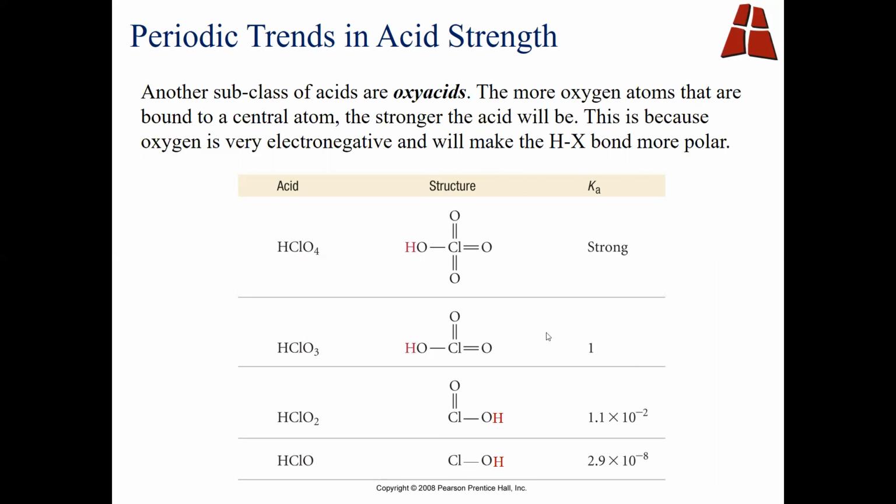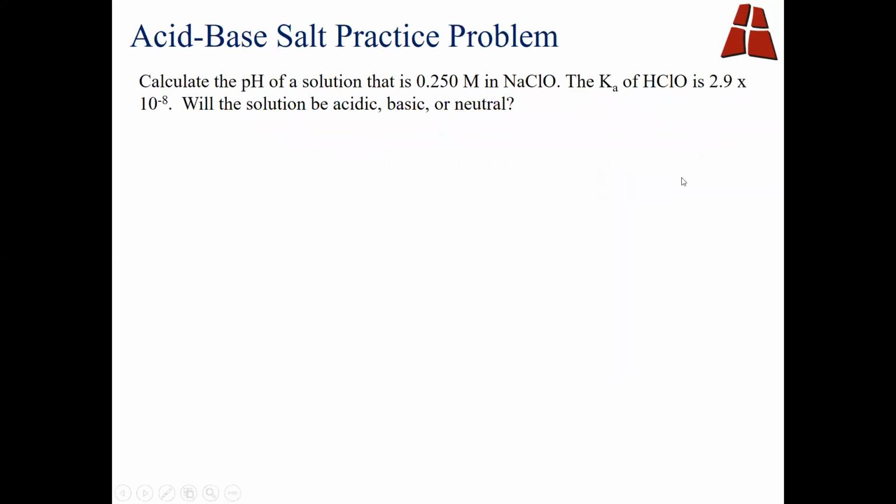Chloric acid, HClO3, has a Ka around 1, and then HClO2 has 1.1 times 10 to the -7th, and hypochlorous acid, 2.9 times 10 to the -8th. So essentially, the fewer oxygens we have, the less acidic it gets, we could also say. And so we're going to do a little further practice with this.